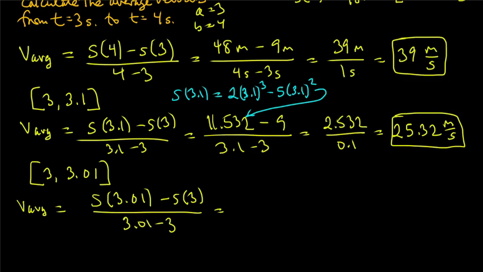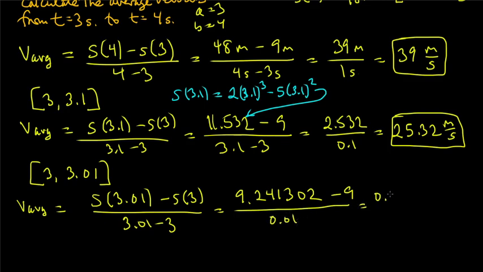So s of 3.01, again just using my calculator, is going to be 9.241302. And then minus 9, divided by 0.01.